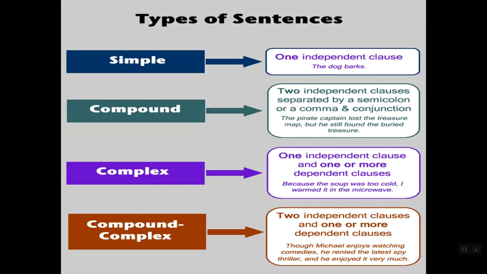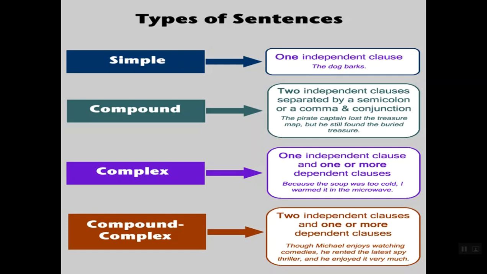As for the complex sentence, when you hear the word complex, you have to know that you're going to find a subordinate clause. Subordinate means dependent, and dependent is the opposite of independent. Independent means it can stand alone.